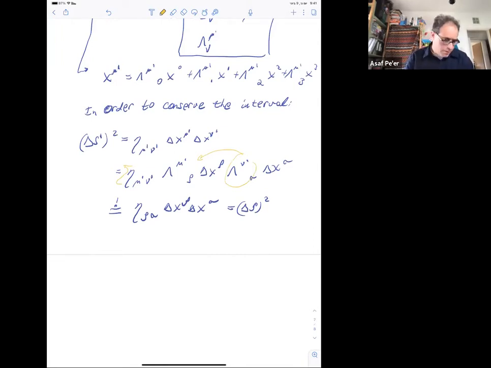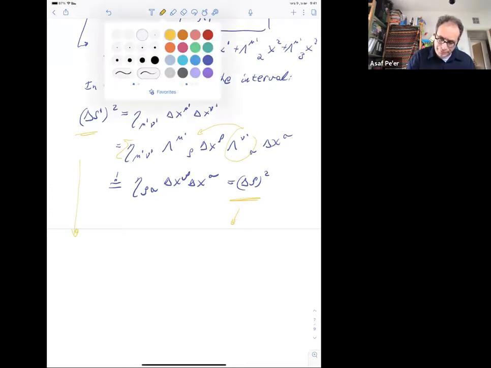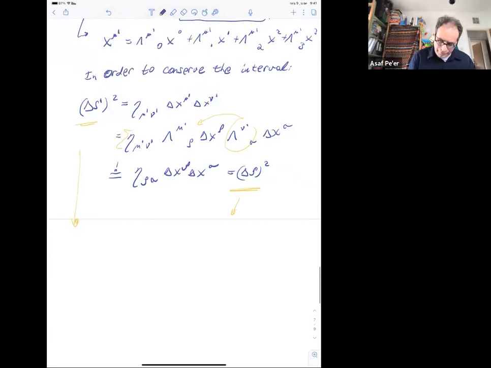So we end up with this equation being fulfilled if eta rho sigma is equal to lambda mu prime rho lambda nu prime sigma eta mu prime nu prime.